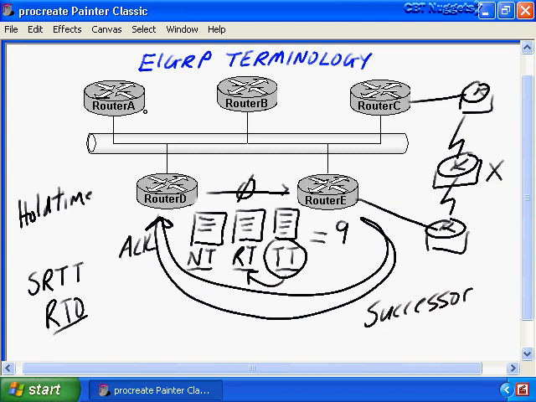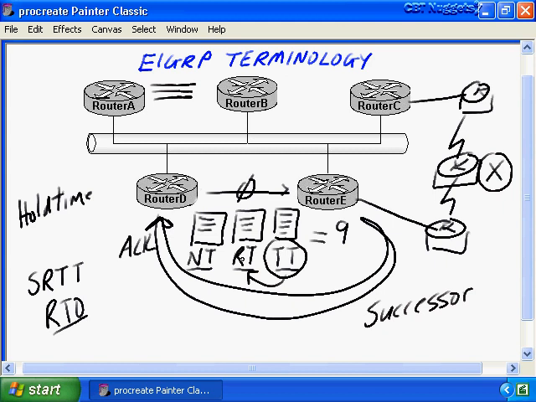So I may have several possible paths in the topology table from router A to router X. However, only one successor is going to be injected into the routing table, and that's the one that represents the best path to the destination.